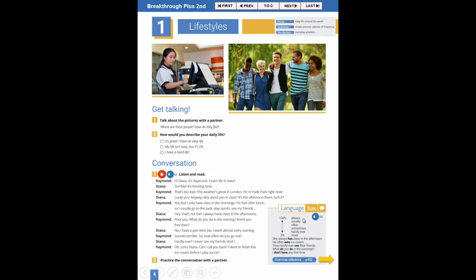Starting from the very top, the adverbs of frequency are arranged from top to bottom in the order of how often they happen.